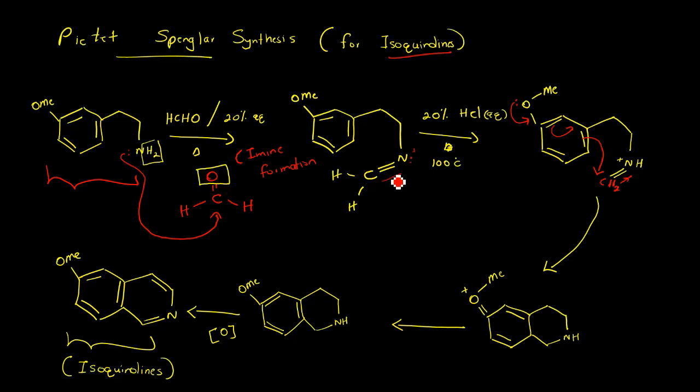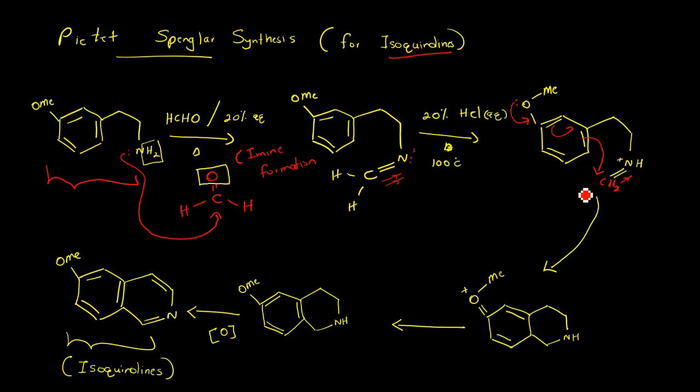So the electron density inside this bond is in favor of nitrogen, and the electron density around the carbon is decreasing. When that happens, this attack over here is much more feasible. That's why we are initiating the attack in this step, after the nitrogen gains a positive charge. I hope it's clear to you.